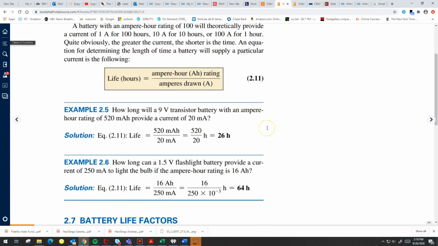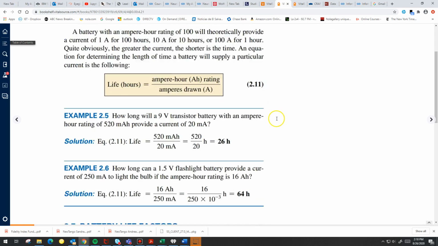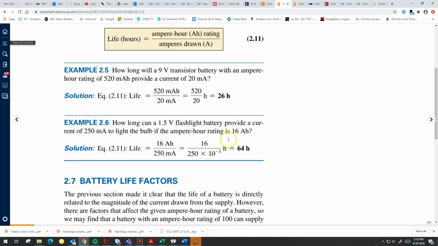And so, remember, the amp hour is an indication of how long the battery will give you a fixed amount of current. So it says that it's a 16 amp hour rated battery, and it asks for how long that battery can provide you with 250 milliamps.